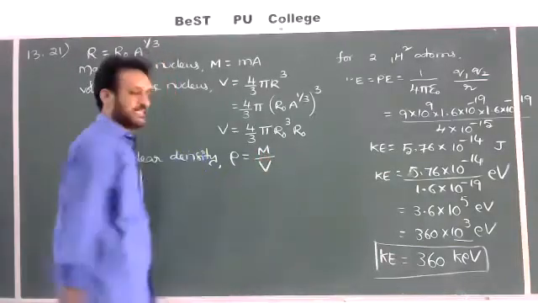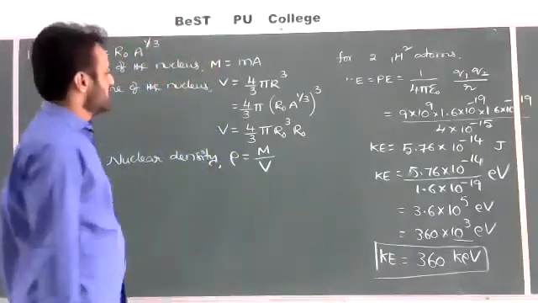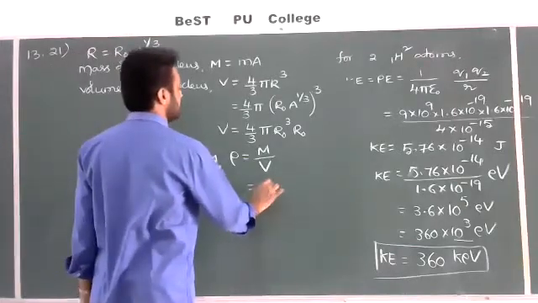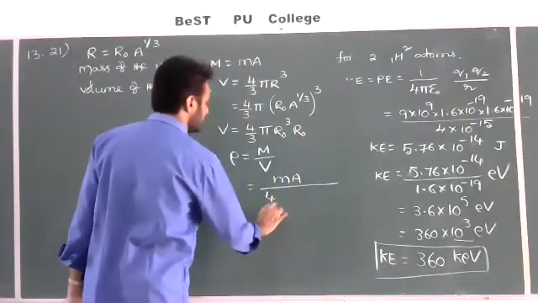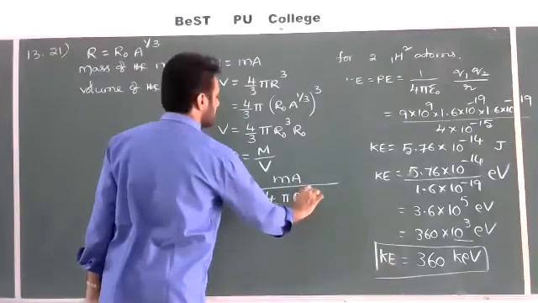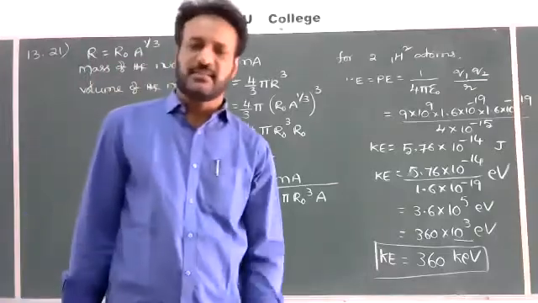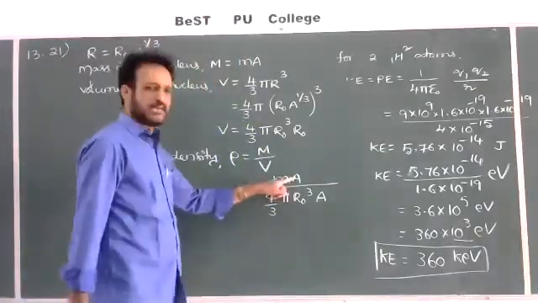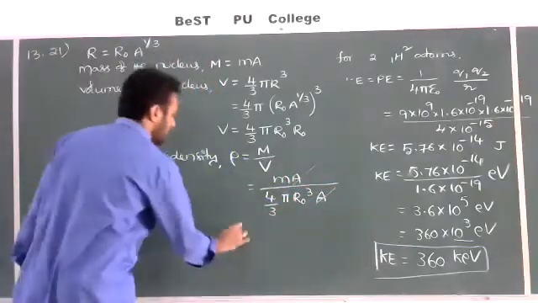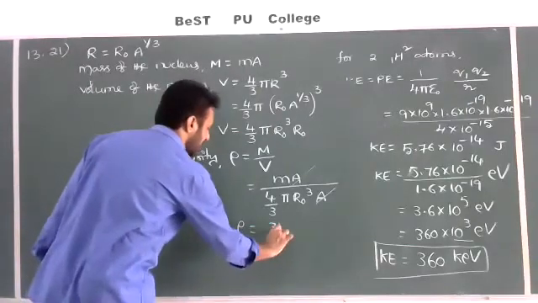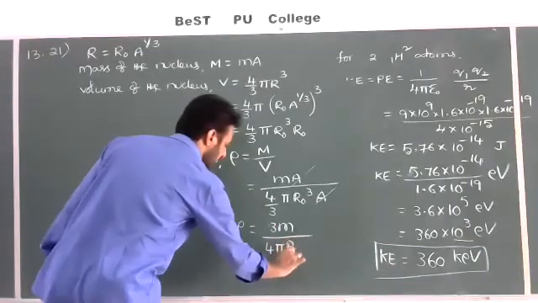Here the mass of the nucleus we know is small m into A, divided by the volume of the nucleus, 4 by 3 pi R naught cube into A. If any cancellation is there, cancel the terms in numerator and denominator. Here mass number A, here also mass number A, both get cancelled. Take 3 to the numerator. Rho is equal to 3 m divided by 4 pi R naught cube.